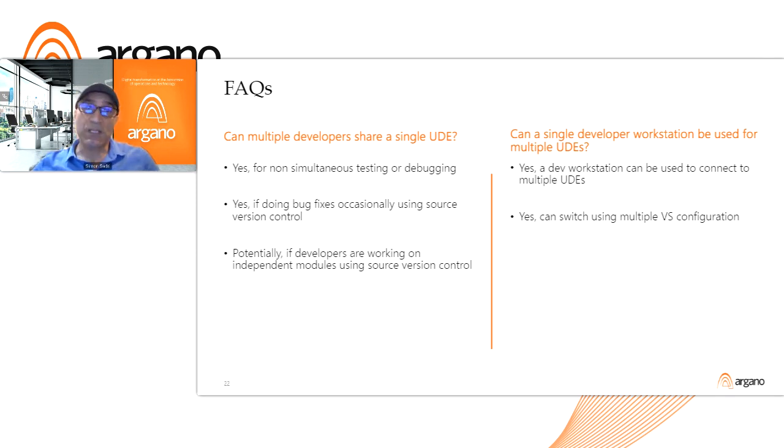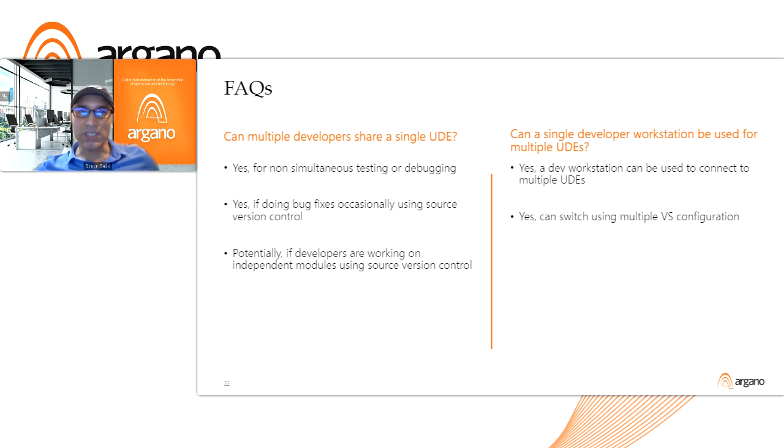If that UDE resides inside a VM, then it could potentially be shared with multiple developers. However, because of multiple developers coding, debugging, and testing simultaneously, it's going to be an issue. So the answer is yes, as long as there is no simultaneous testing or debugging going on.